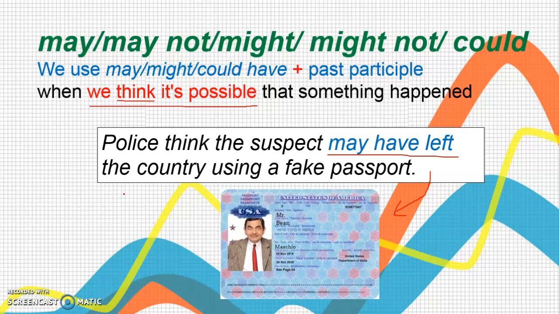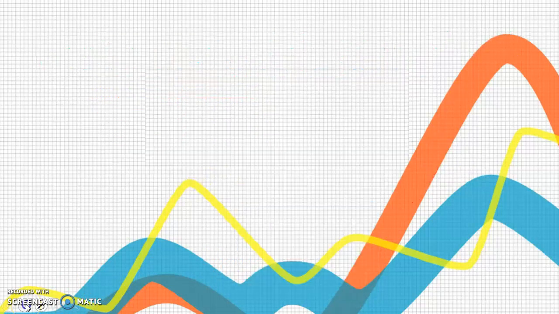Maybe the suspect might have left the country using a fake name or using another route that is not well known by the police. So they are just options, and here we are expressing just one possibility.